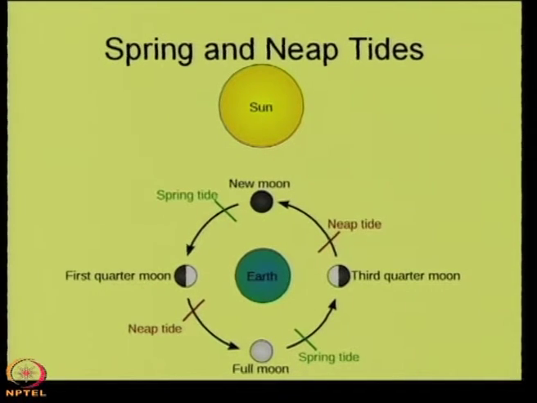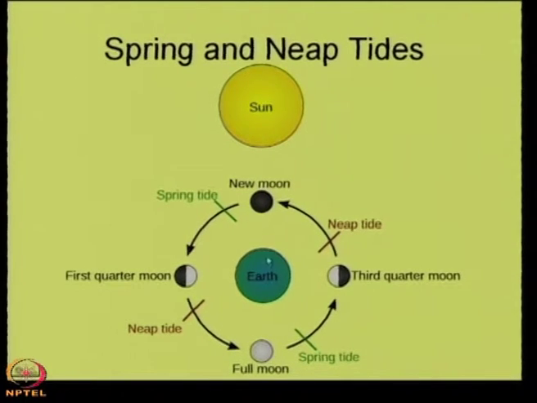Now you have something called spring tide and neap tide. So, what are spring tide and neap tide? Now, the moon is going around the earth, and it is this that we have seen is the major constituent of the tides.